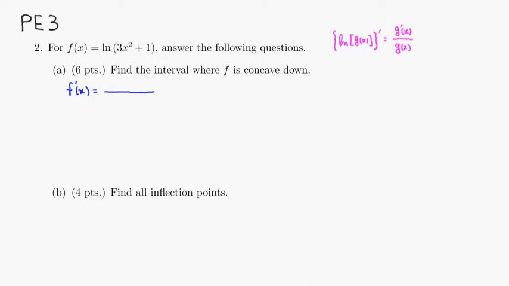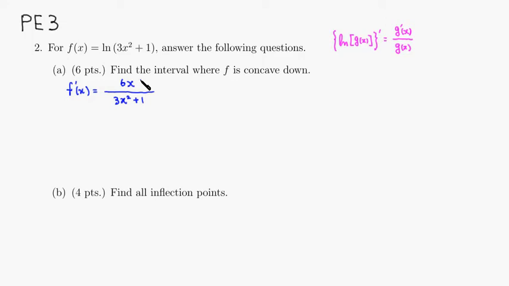In this case, you have 3x squared plus 1. Then take the derivative of that and put it on top, so you have 6x. So that's the first derivative.